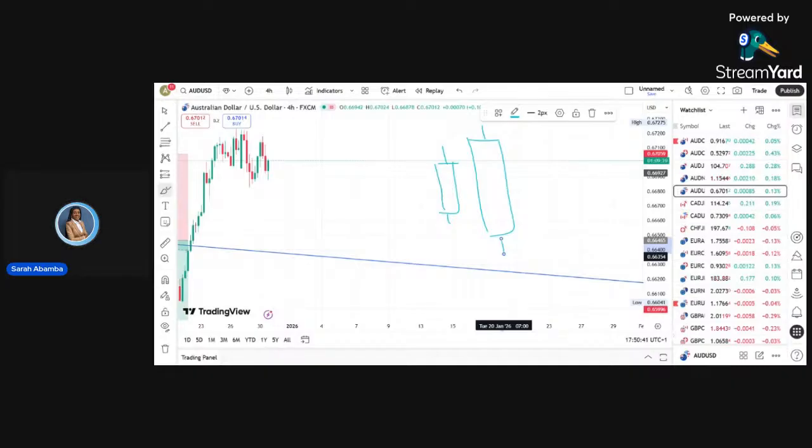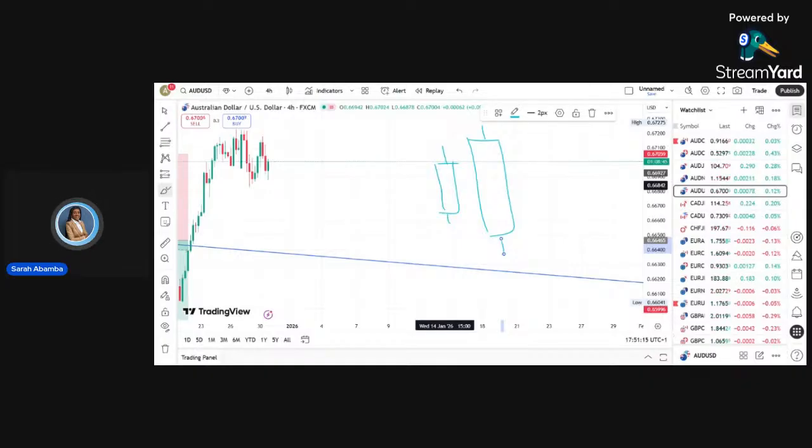So that's what makes it an engulfing pattern. Like always, we have the bullish and the bearish. For the bullish engulfing pattern, the first candle formed is a bearish candle, that is a red candle in this case, while the second candle formed is a grey candle, that is a bullish candle.